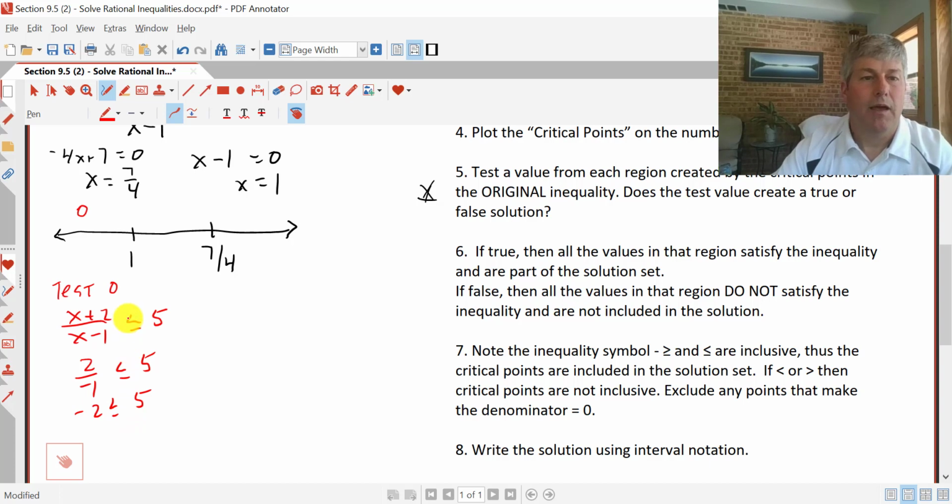That's going to work. And since this is inclusive, our critical points are inclusive, so everything in that region satisfies the inequality.